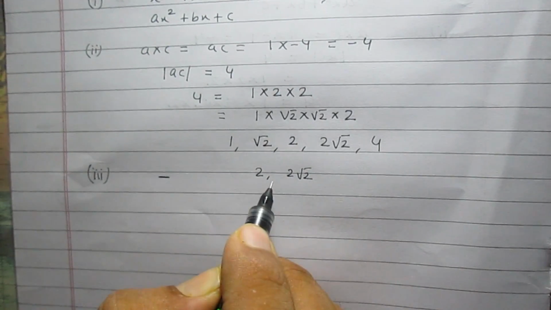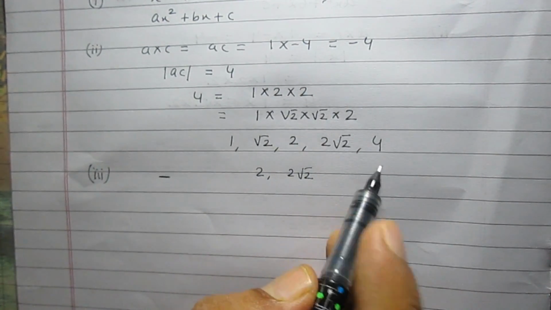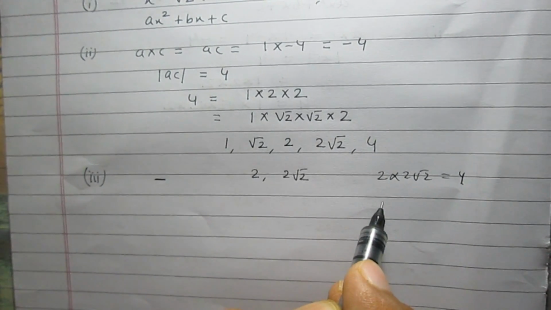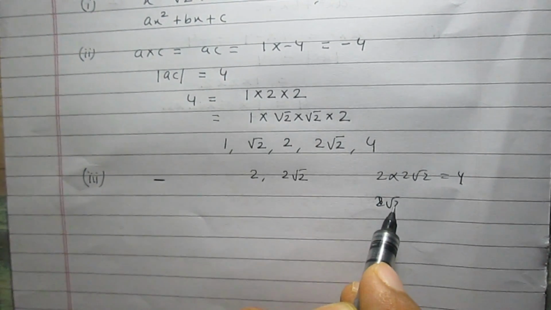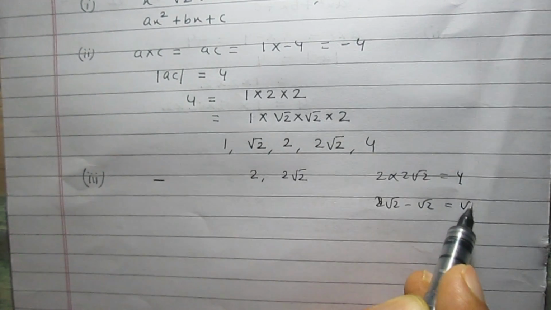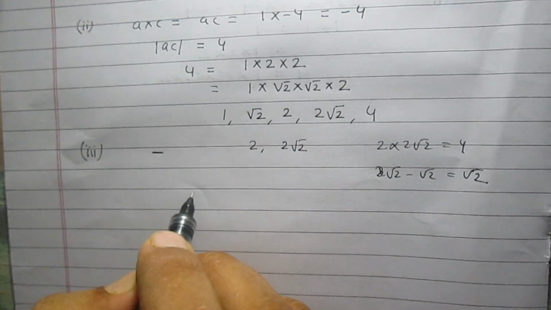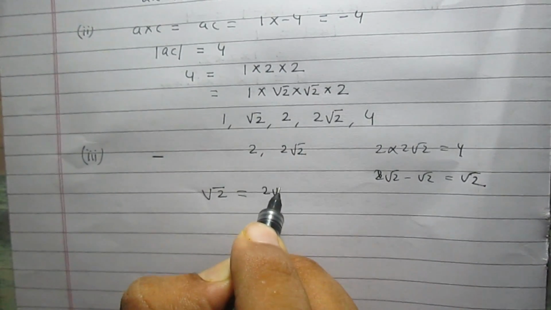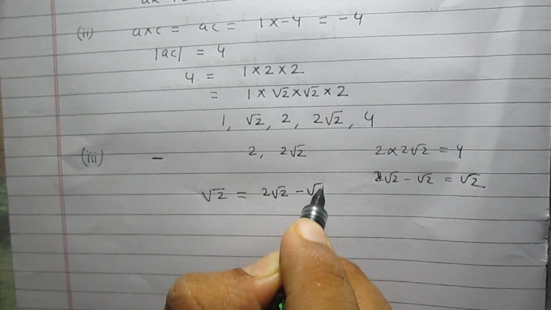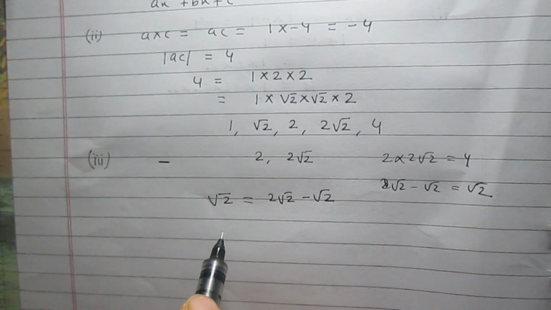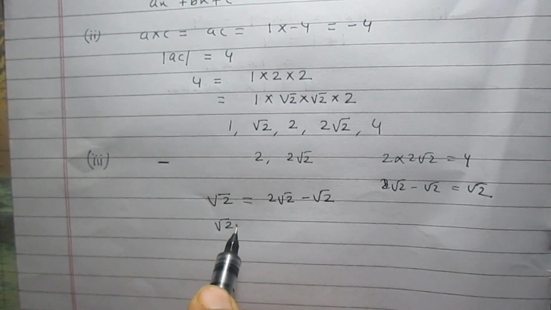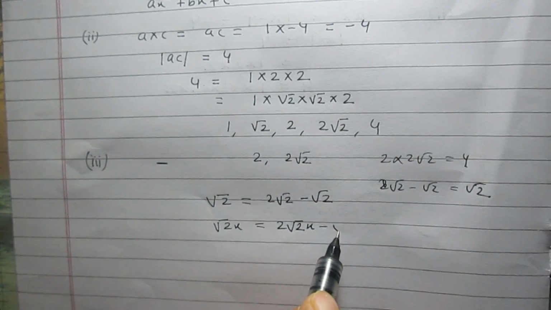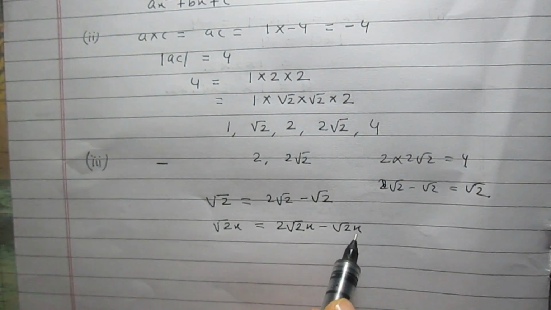We see that their multiplication is 4, okay, and their difference is square root 2. So we can write square root 2 as twice of square root 2 minus square root 2, or you can write square root 2x as twice of square root 2x minus square root 2x.